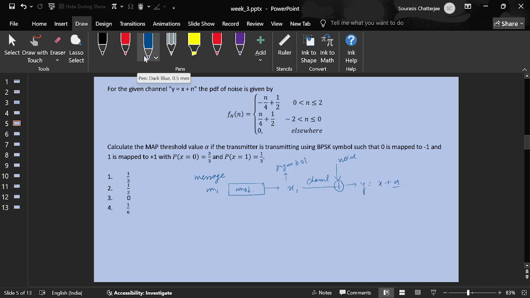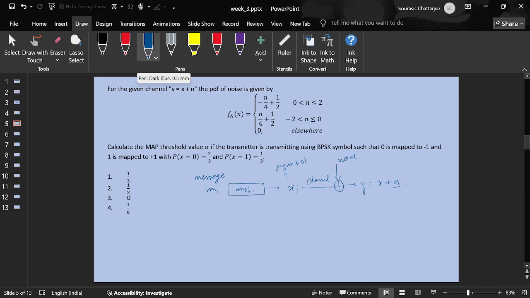So let us try to understand a few things. First of all, you have a message signal. It says that when the message mi is 0, it's mapped to xi of -1, and when mi is 1, xi is 1. It's passed through the channel, noise is added. Now you have a corrupted version of xi.